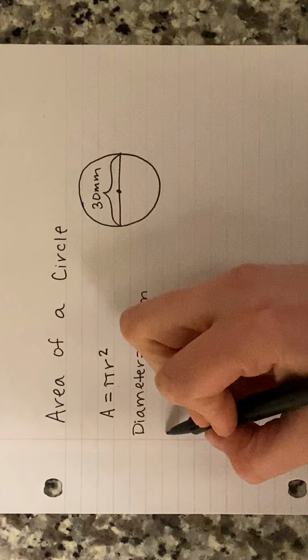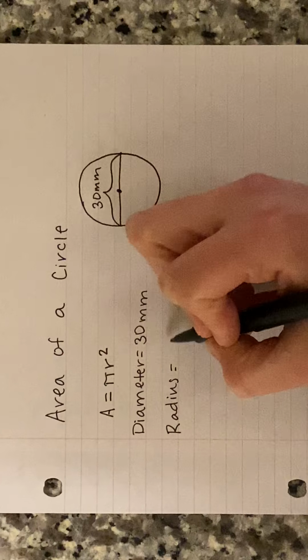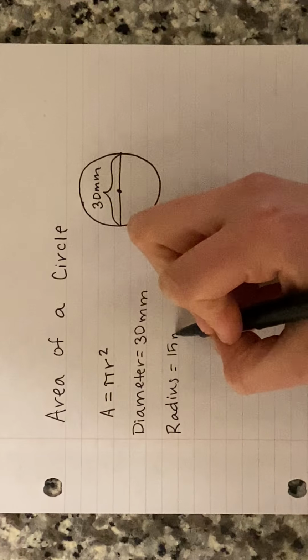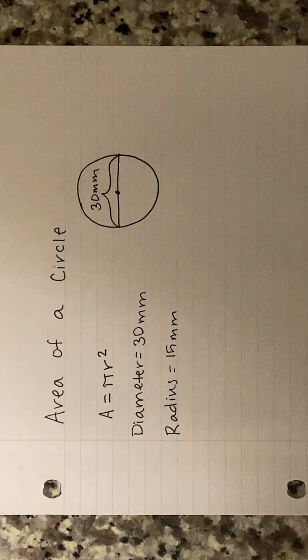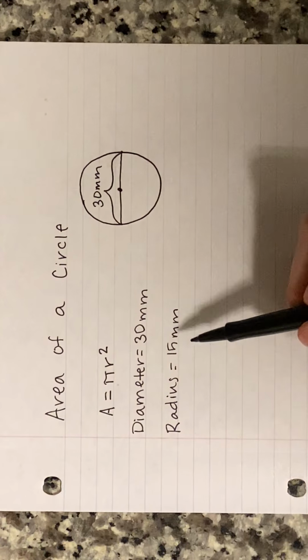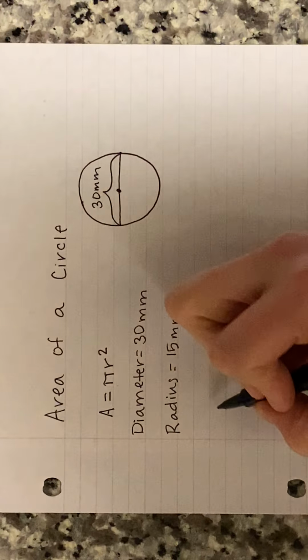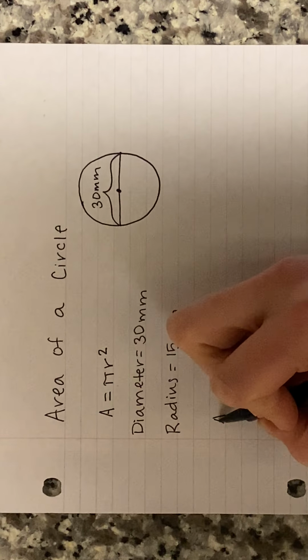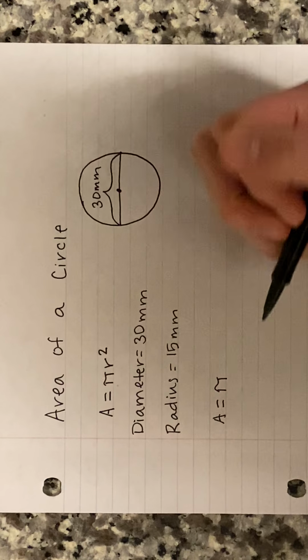And I know that half of 30 is 15. So I'm going to go ahead and fill out my equation with this new number of 15 millimeters for my radius.